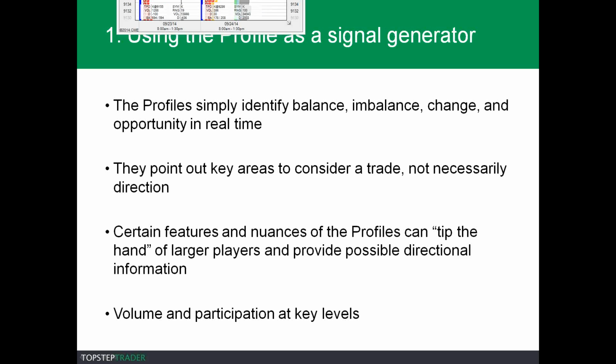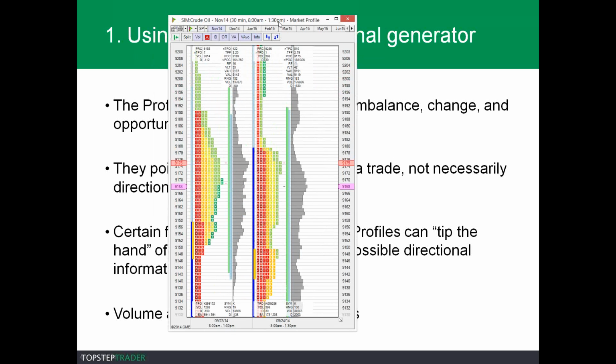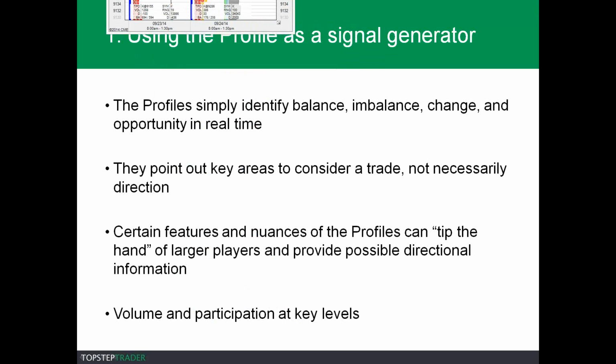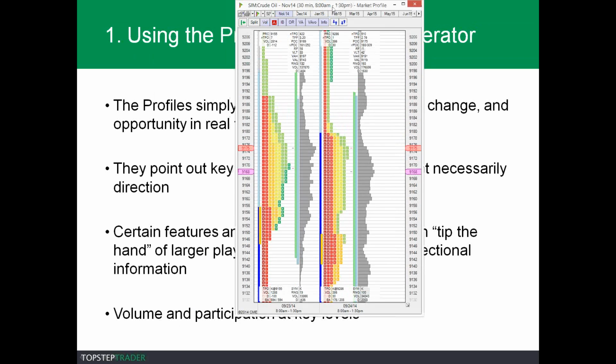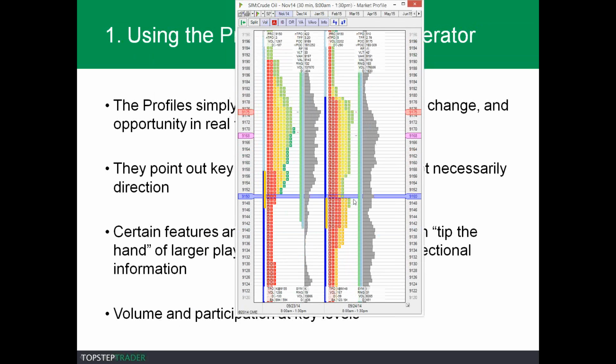Yai is asking, what is the general rule for determining the opening range? Okay, in pit trade there was no general rule. There was no time limit and there was no price range limit. The opening range was however long it took and whatever price range it took for all the orders that were in the pit before the opening bell that were due fills on the opening bell.